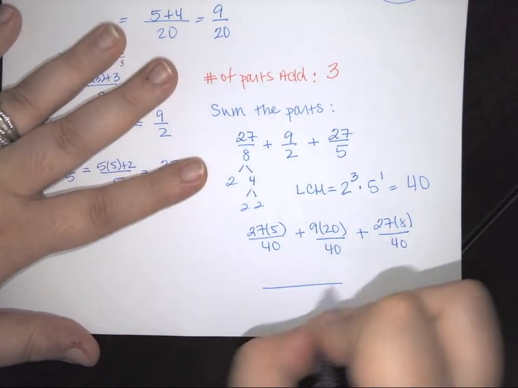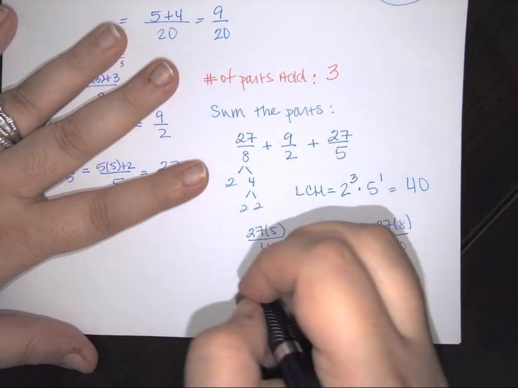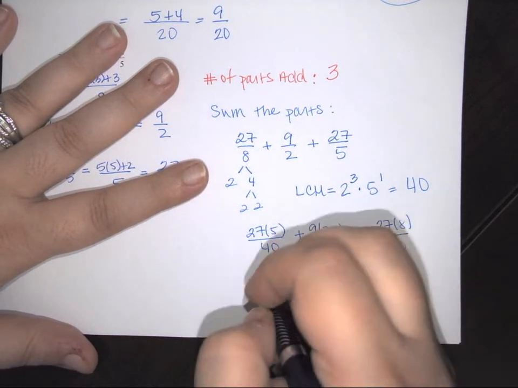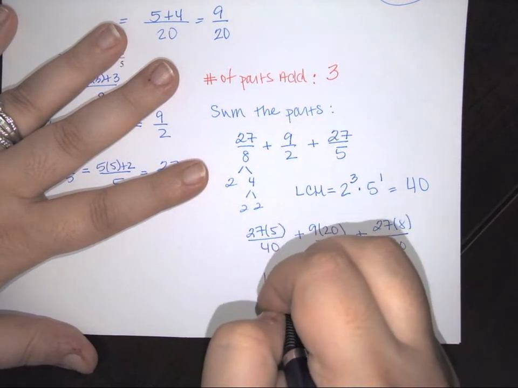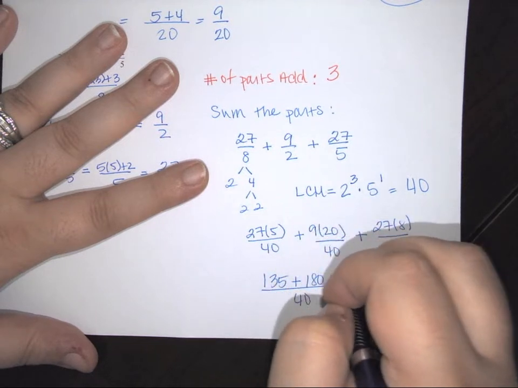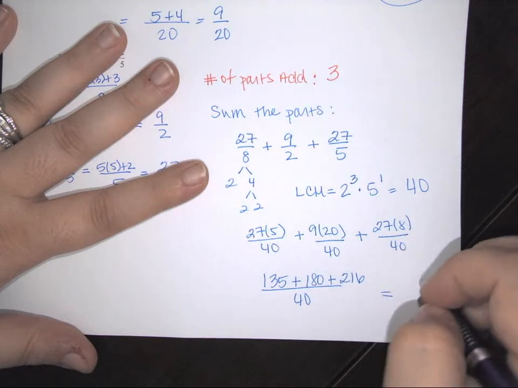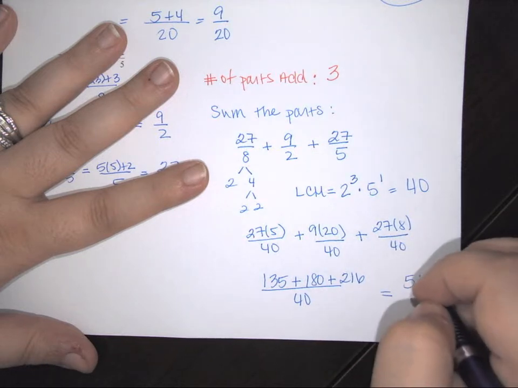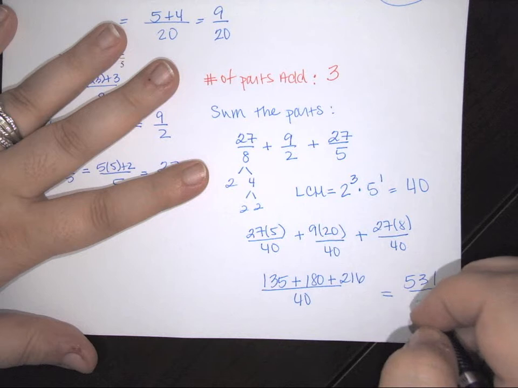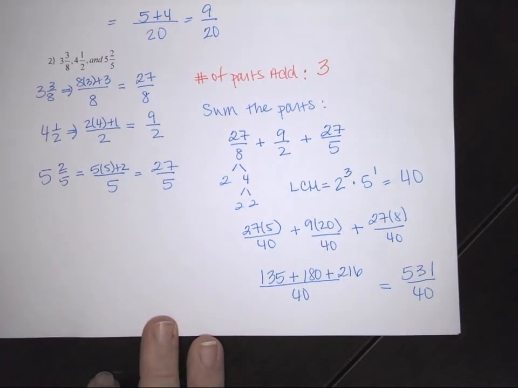My whole thing is over 40, and this is going to give me 135 plus 180 plus 216, which gives me all told 531 over 40. Now that's just the sum of the parts.